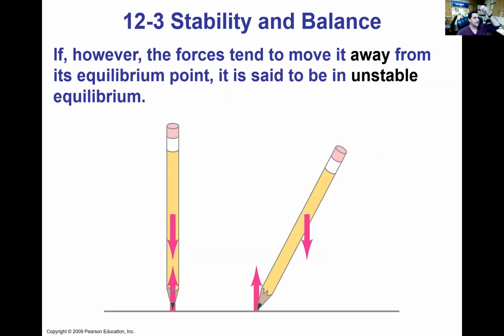If, however, it tends to move away from the equilibrium point, it will find another equilibrium point, like in the case of this pencil.